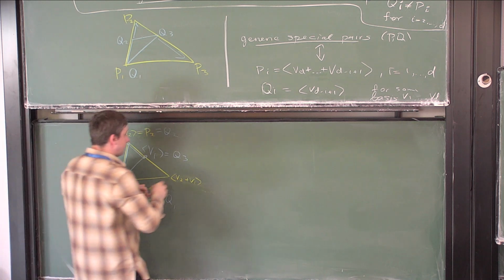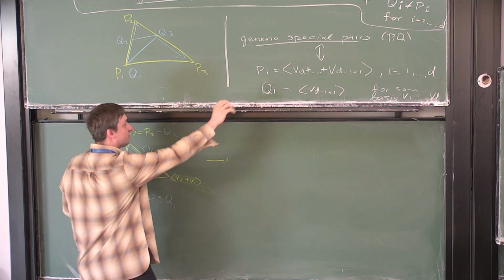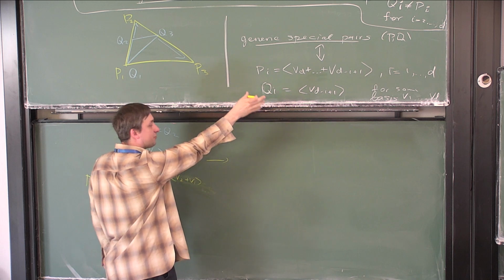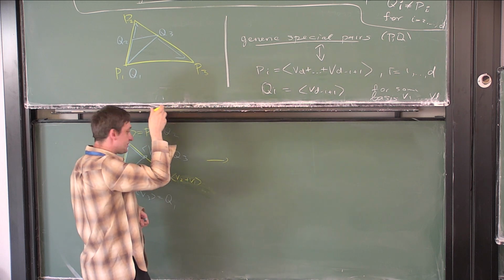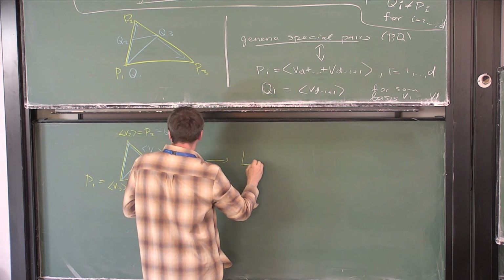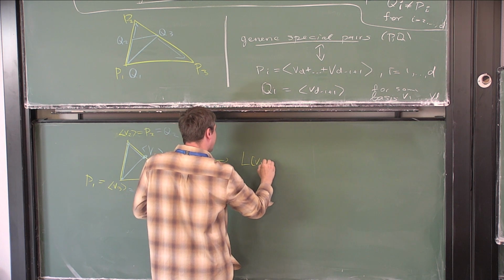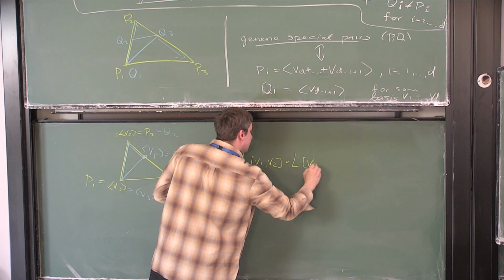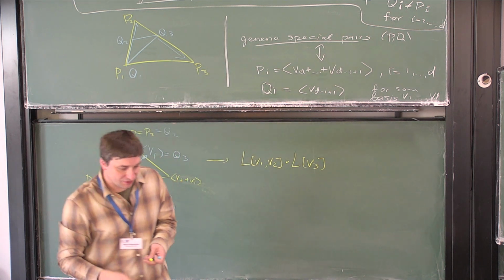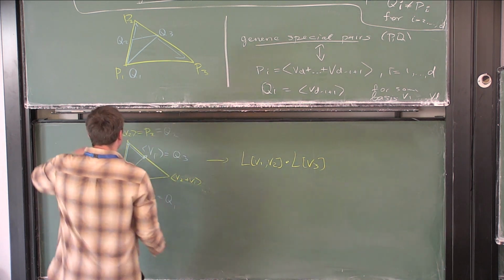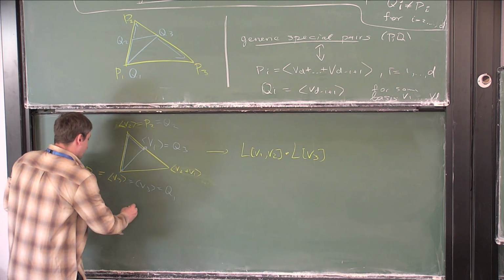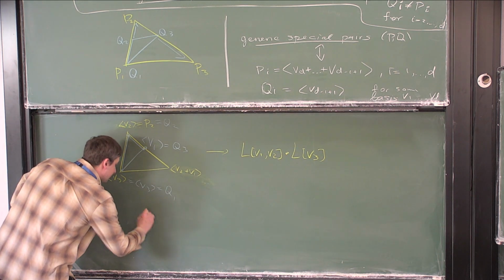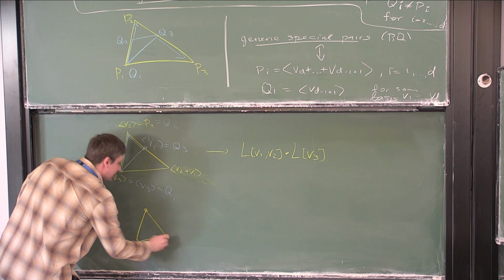Under this idea of relating it to the elements which come from polylogarithms, this would actually be L of V1, V2 times L of V3. And if you do an even more degenerate configuration, this is just an example.